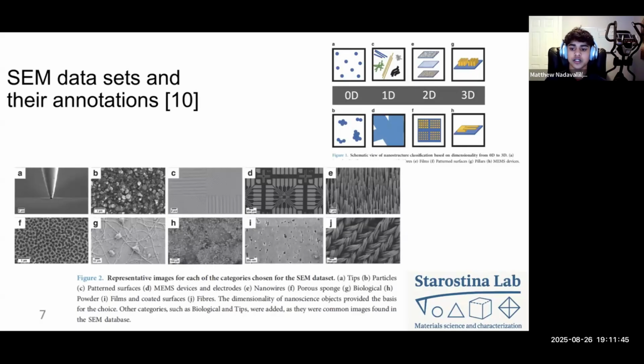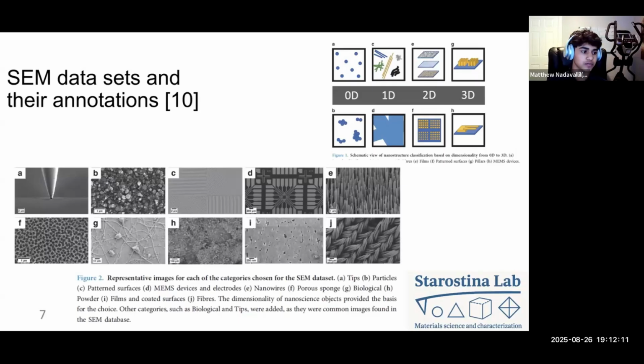The full set of selected categories is illustrated in Figure 2, with a representative image for each of them, while the breakdown of the number of images in each category is shown in Table 1. These 10 categories cover a broad range of SEM images. They are applicable to scientists working in different areas of nanoscience. At the same time, they're chosen as distinct from one another as possible.